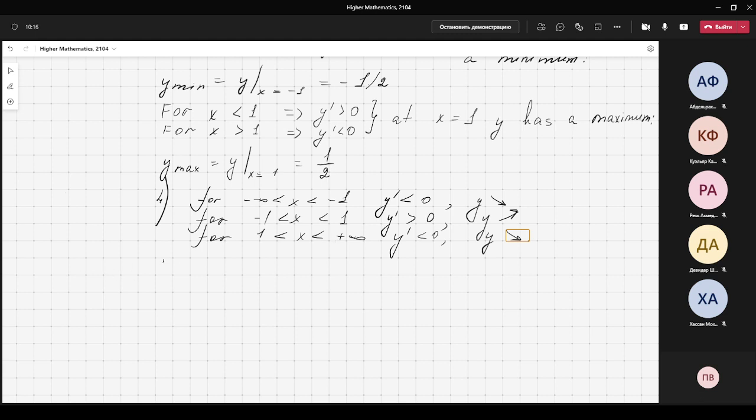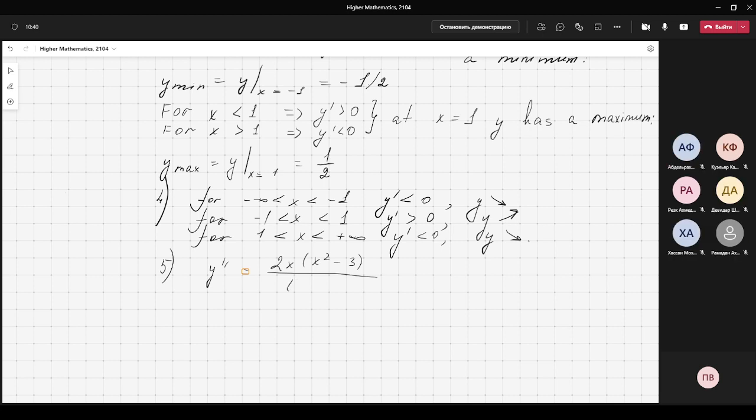Then, fifth, determine the domain of convexity and concavity of the curve and the points of inflection. Calculate the second derivative that is equal to 2x times x squared minus 3 over 1 plus x squared cubed.